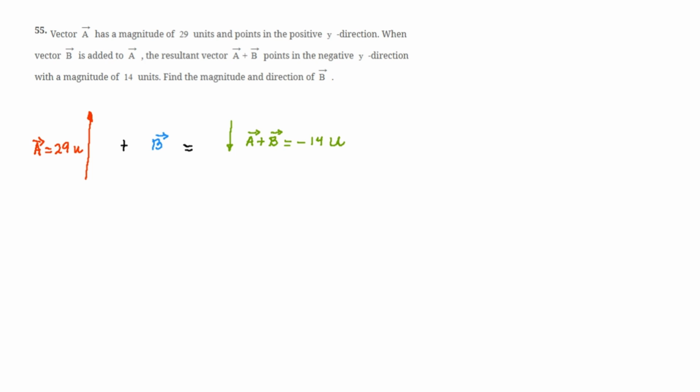So what we can do, you remember that I mentioned in classes that there is something that we call the univectors. In the xy plane, we have one univector called univector i, in the direction of the positive x-axis.